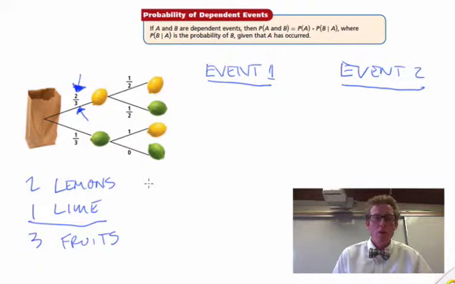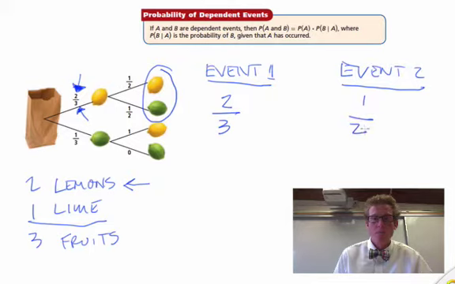So say what I'm looking for is I want to pull out 2 lemons. First grab, my event, the likelihood is going to be 2 out of 3. Because there's 2 lemons in the bag, 3 total, I'll pull out 2 of the 3. Okay, so that's the first event. Now the second event, since I have 1 lime and 1 lemon left in the bag, that event is going to be 1 out of 2. So event number 2 is 1 out of 2.